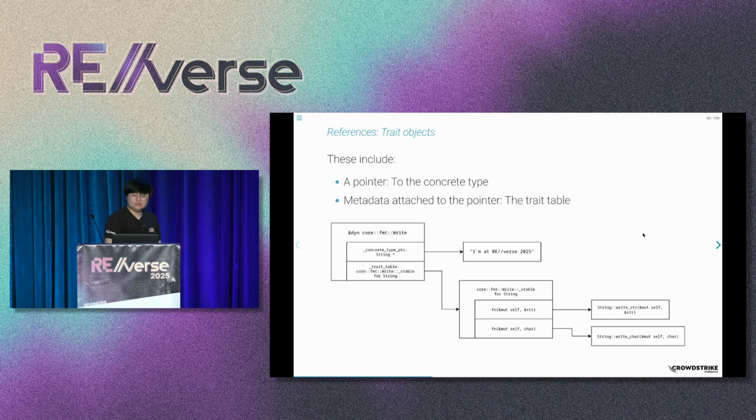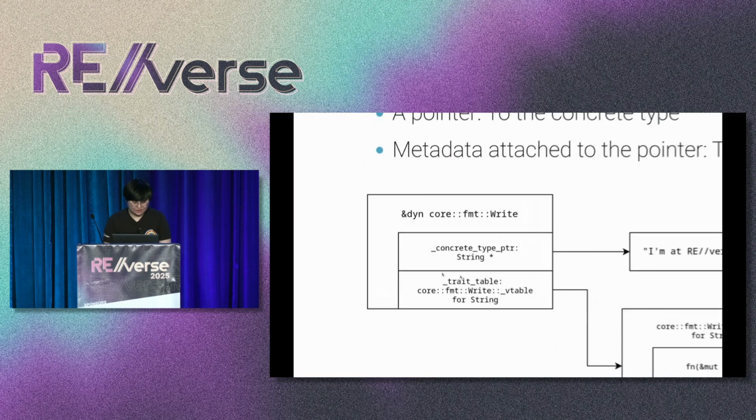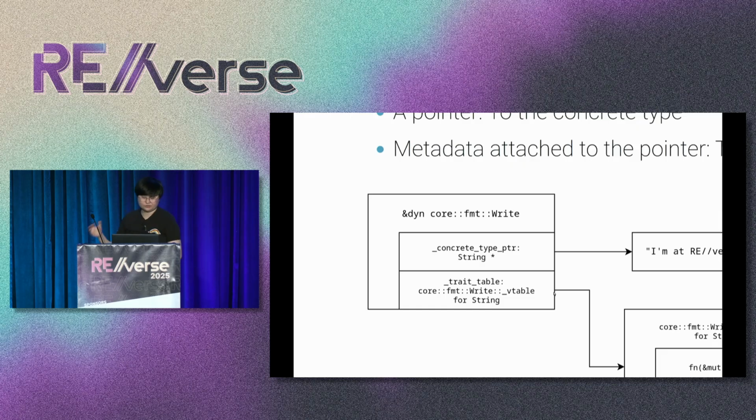Trait objects as well have both a pointer to some concrete data as well as some metadata attached to the pointer. So in this case, this is our core format write trait object, which we looked at in the last section. So this will contain both a pointer to the concrete type that eventually implements this trait, in this case, our std string, as well as a table containing the function implementations for that trait.